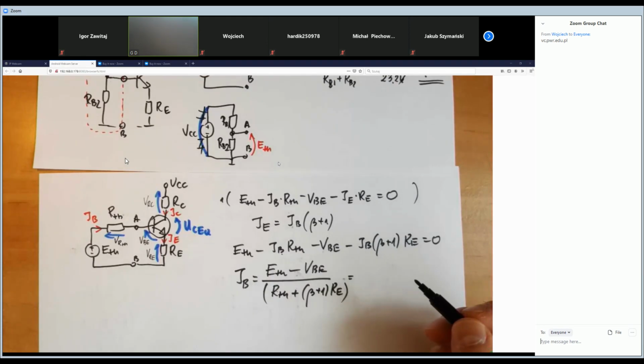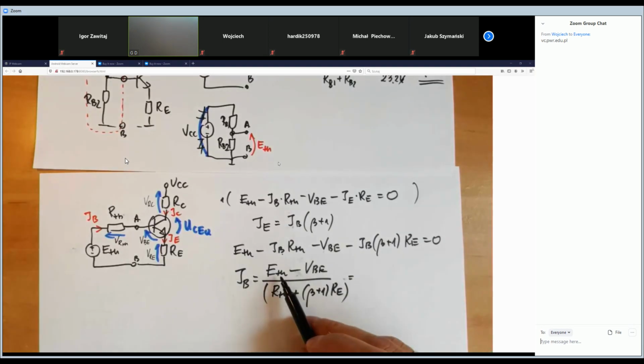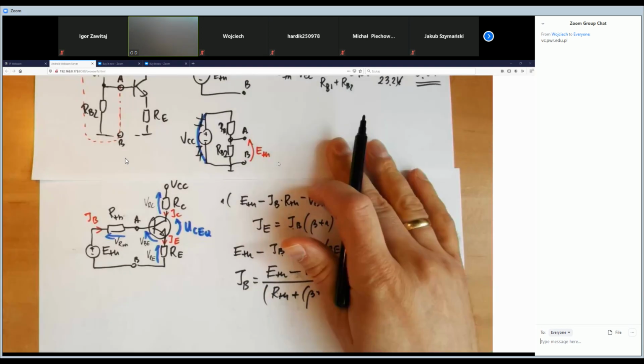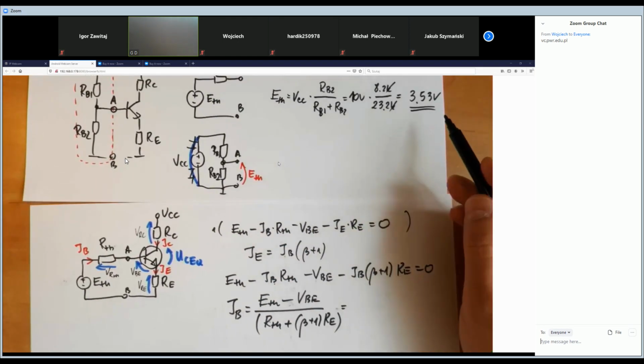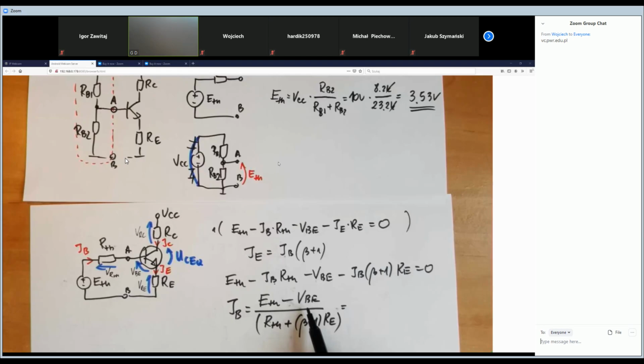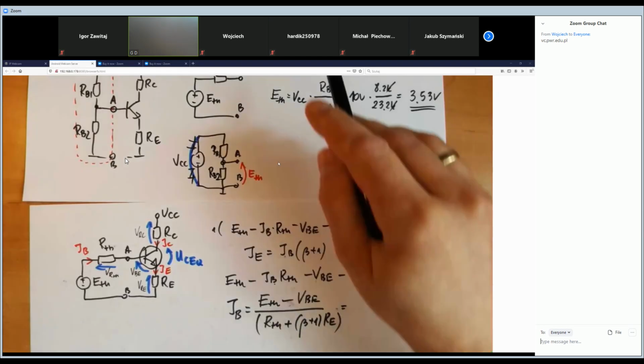So we've got it. Yes. Okay. ETH, it is how many? 3.53. That's right. Minus VBE 0.6 in our case.